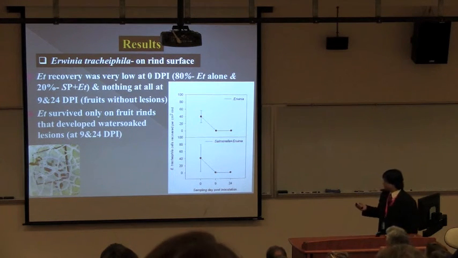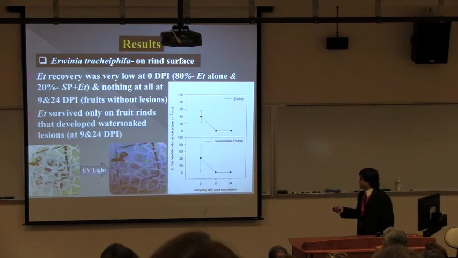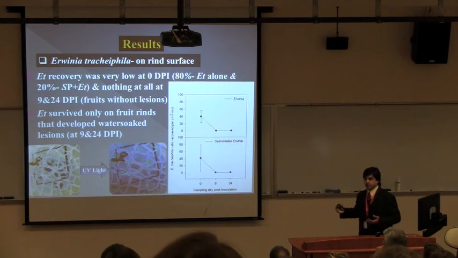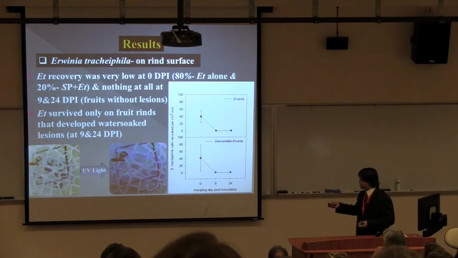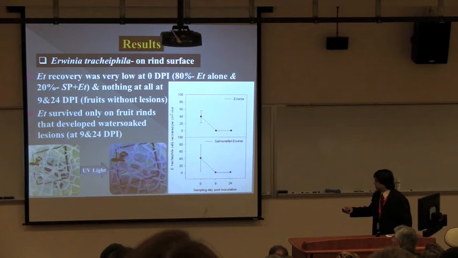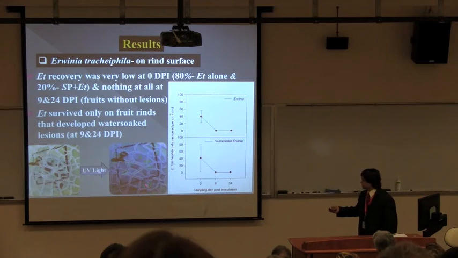And when we observe those lesions under the UV light, we found they are also multiplying outside, like they are getting nutrients after leakage from the fruit. So they are also multiplying on the surface. You can see the green patches over here, and they are extending beyond the point of inoculation. So maybe they multiply inside and then also multiply on the surface on the other side of the fruit.